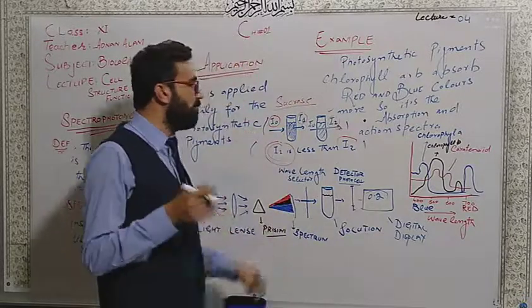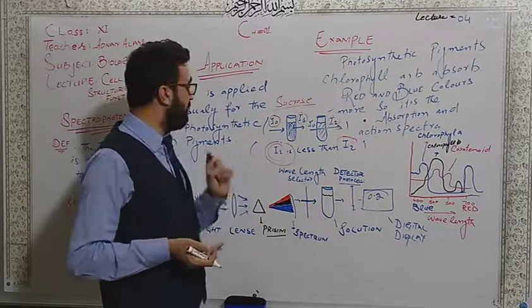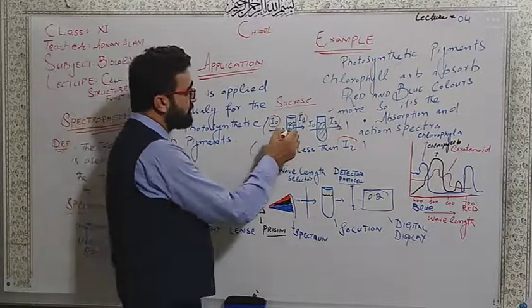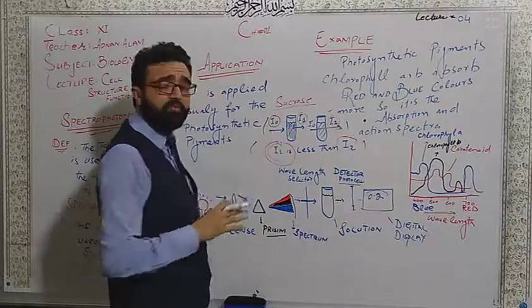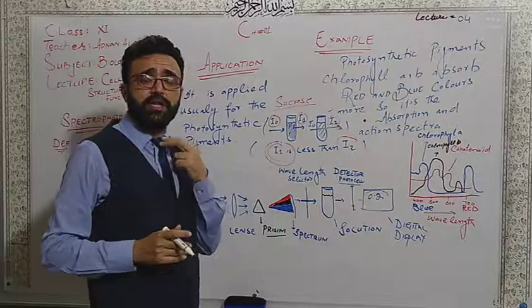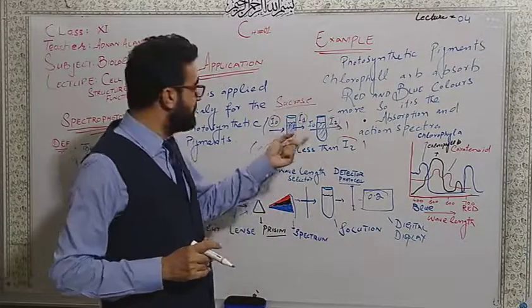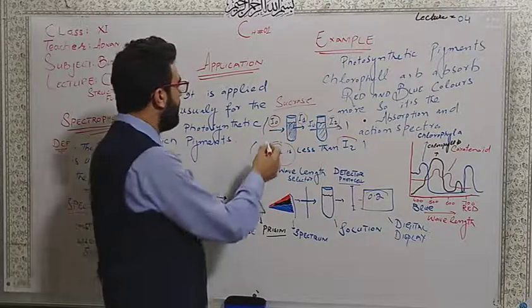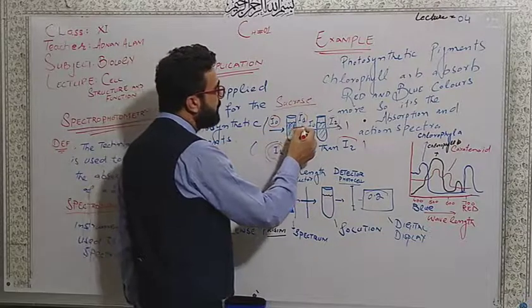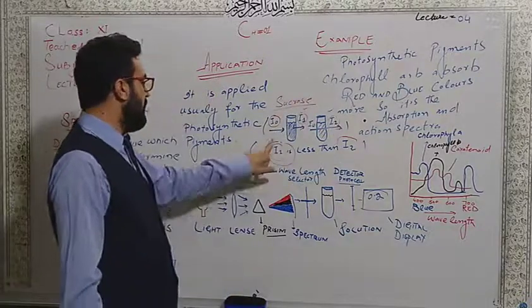Turbidity means you have more soil particles dissolved in the water. So from here it is proved that the more we increase the concentration of the solution, the more its absorption will increase and the light passing through will decrease.